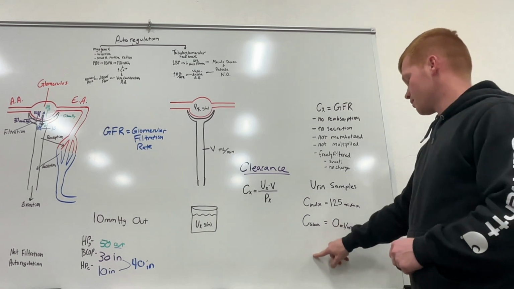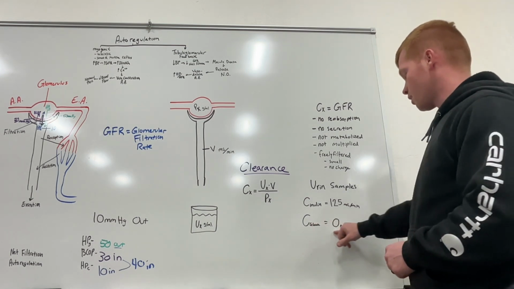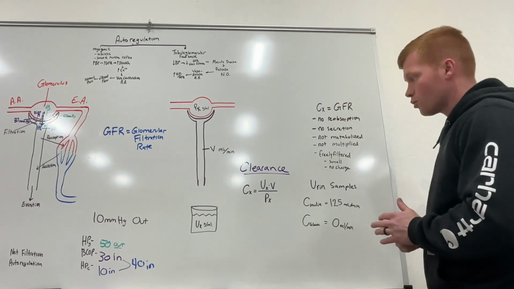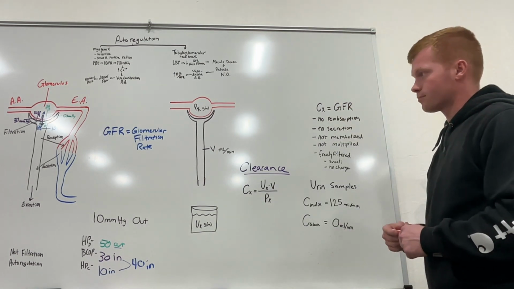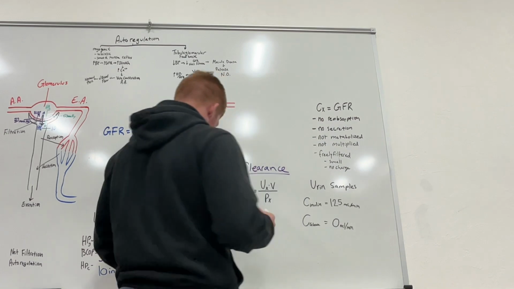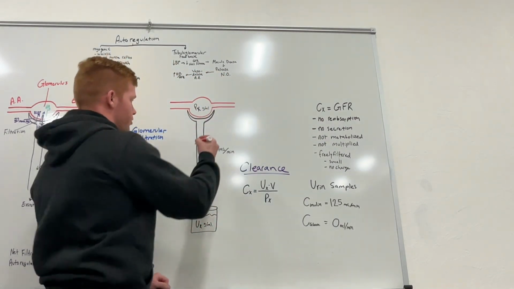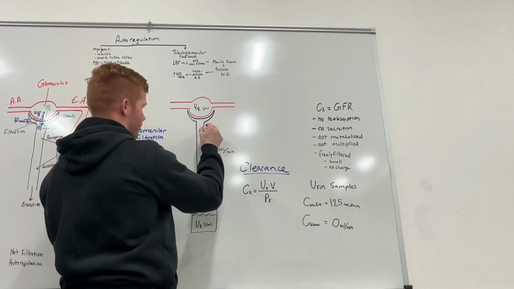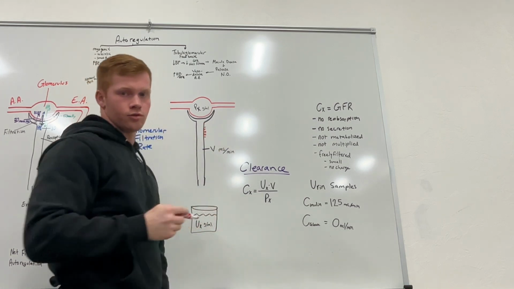Another important thing, especially with talking with glucose, is something called threshold. And threshold's important because, especially for glucose, it's gonna have channels. We'll just say right here in the proximal convoluted tubule.